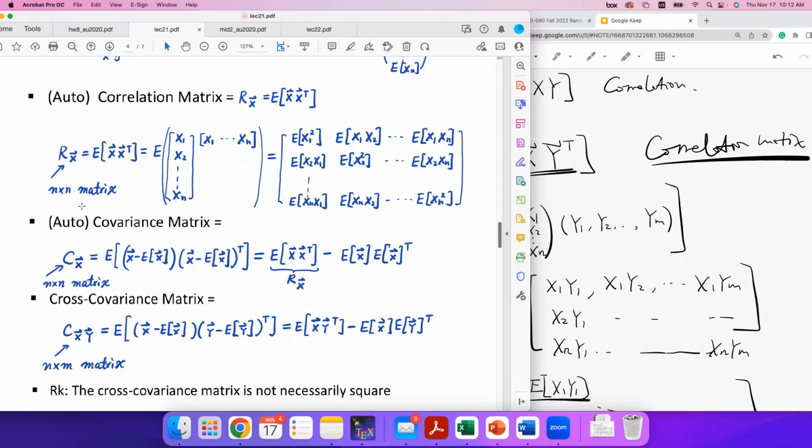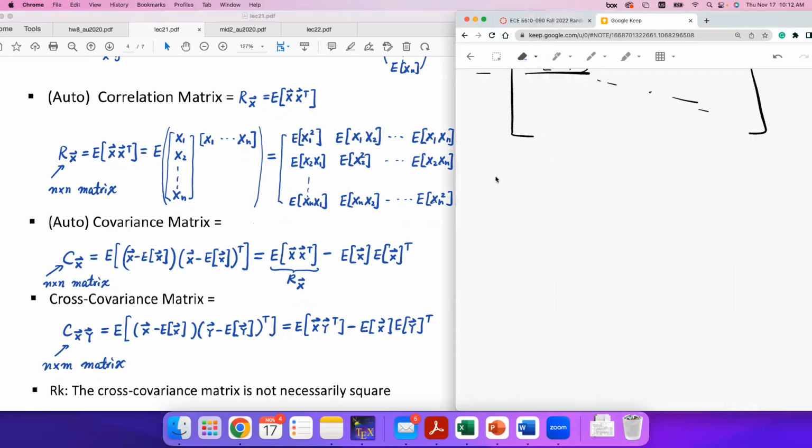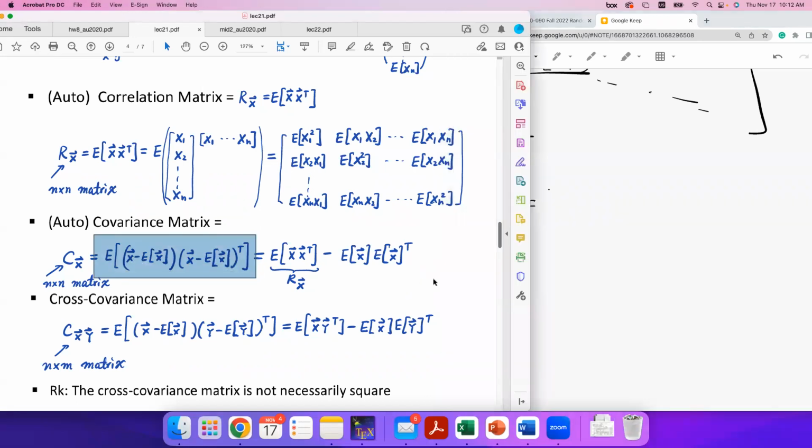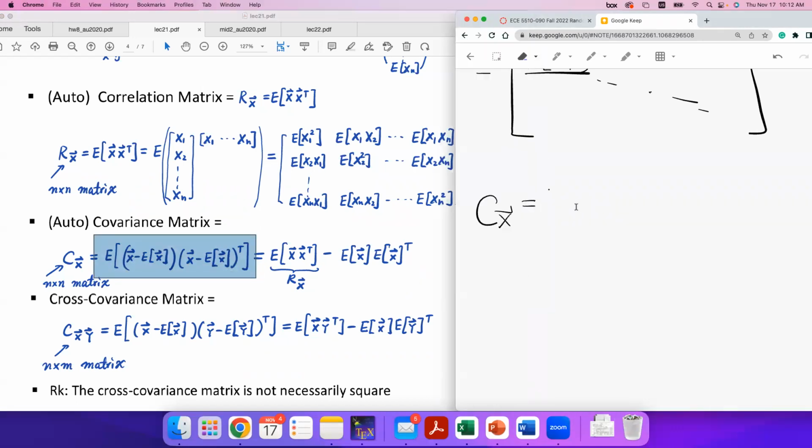And we can also define this autocovariance matrix. You can write this one, C_X. This one looks very similar to the covariance definition of a single random variable, right?